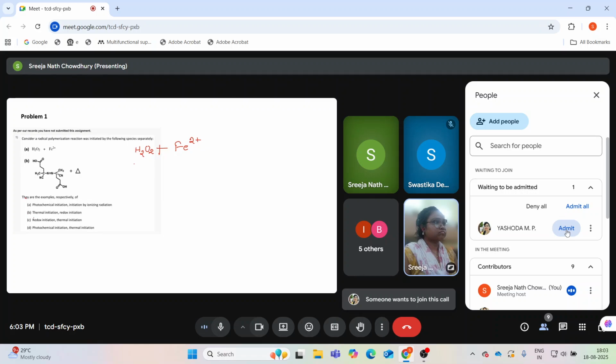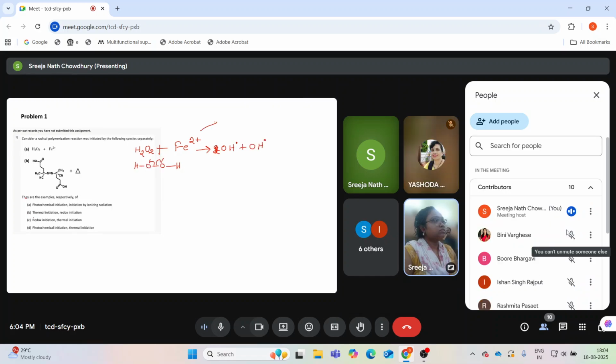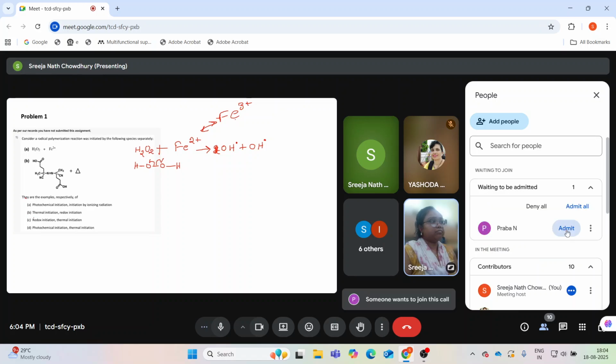Now Fe2 plus, the plus 2 oxidation state; the Fe3 plus oxidation state of iron is much more stable. So Fe2 plus always tries to lose an electron and convert to Fe3 plus to get stability. If the iron loses the electron, then where should the electron go? We need a medium that can accept the electron from the iron.